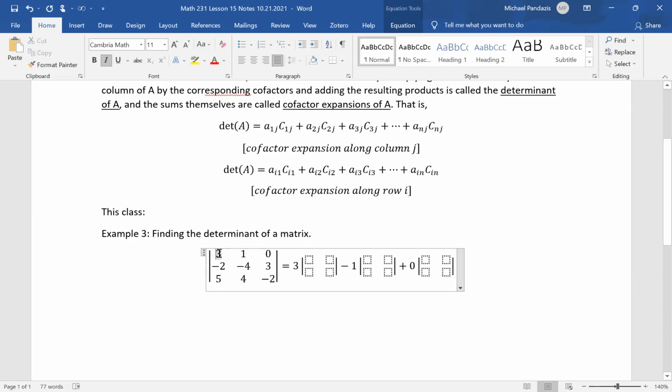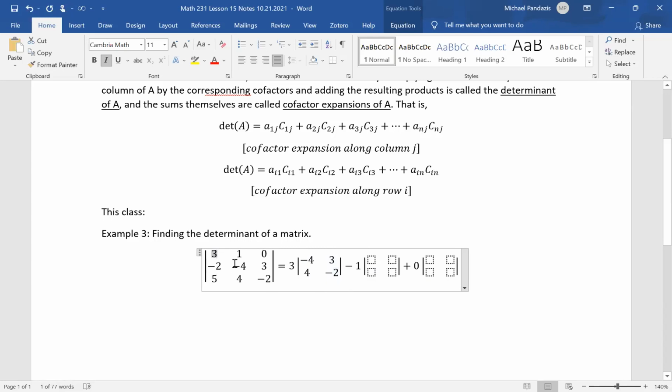If you remove the row and column that this entry 3 is in, you're left with a 2 by 2 matrix, negative 4, 3, 4, negative 2, and you take the determinant of the rest of it. So if you have an n by n matrix and you choose any entry and remove the row and column that entry is in, that results in an n minus 1 by n minus 1 matrix.